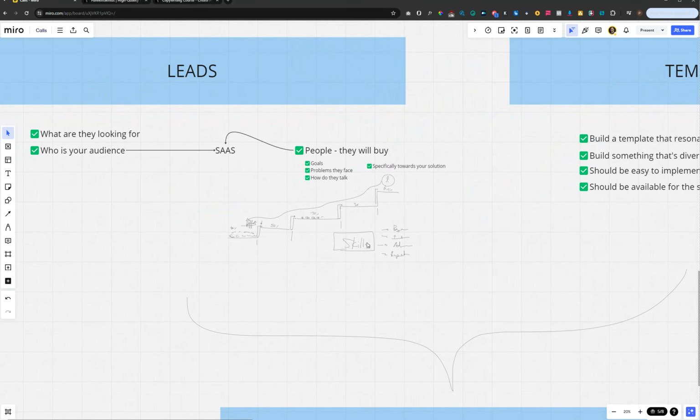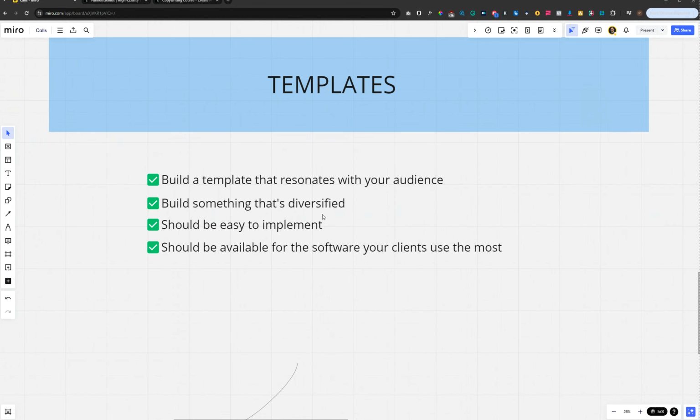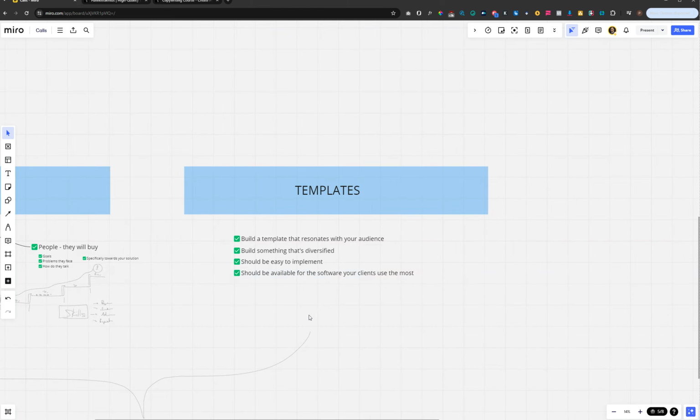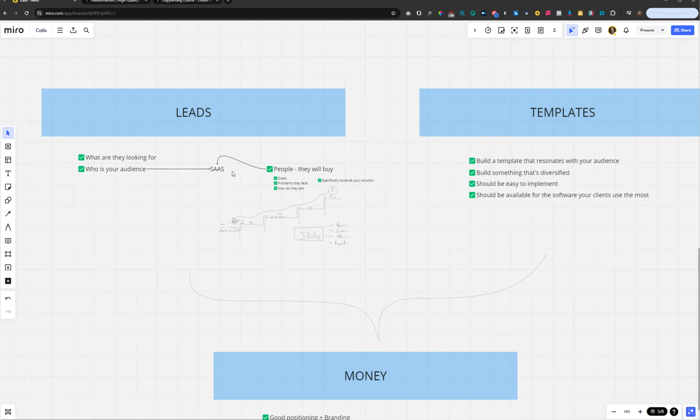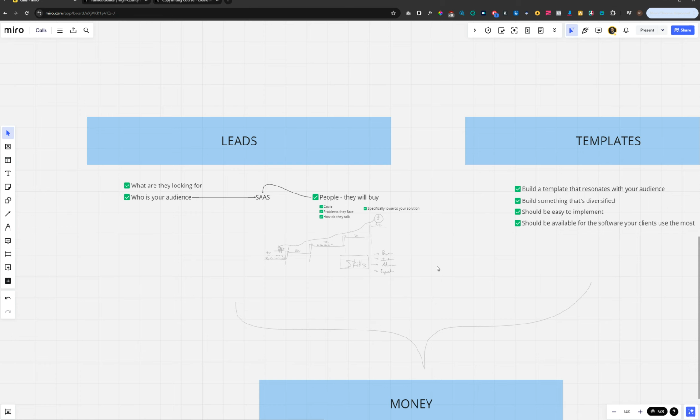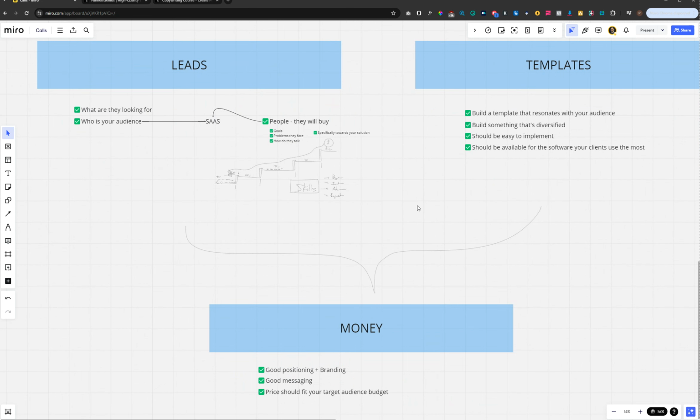The next question is: are your templates, your page, or your messaging sharing exactly the value that it provides towards what they are looking for? If the answer is yes, then you should not have any problem selling.